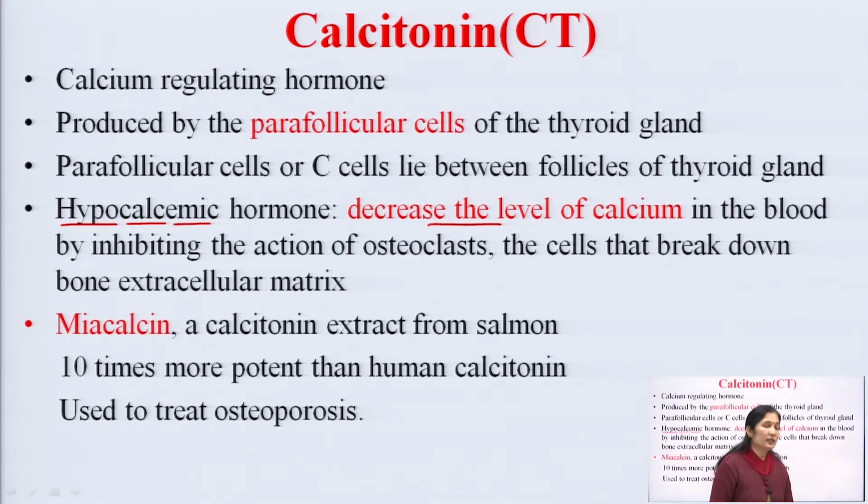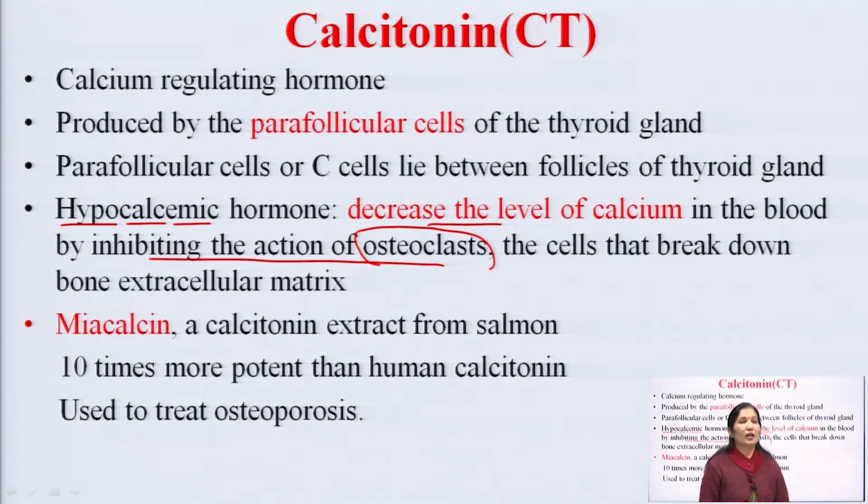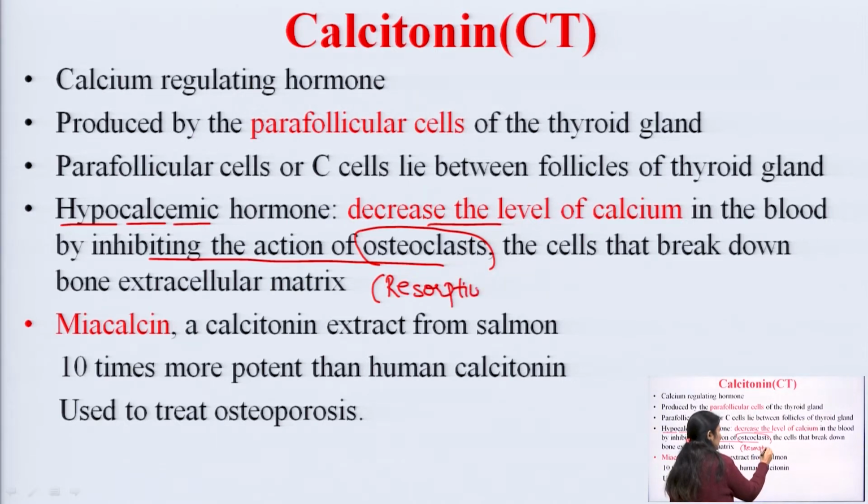It decreases the level of calcium by inhibiting the action of osteoclasts. Osteoclasts are the cells that are responsible for the resorption of the bony matrix, that is, they cause the breakdown of the extracellular matrix of bones.